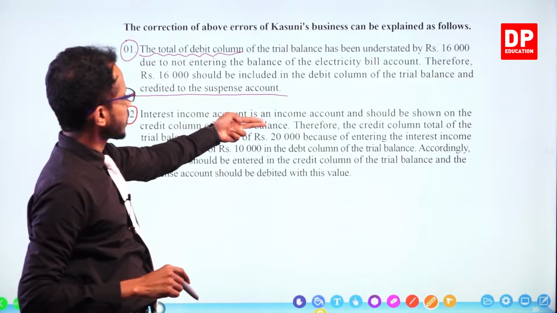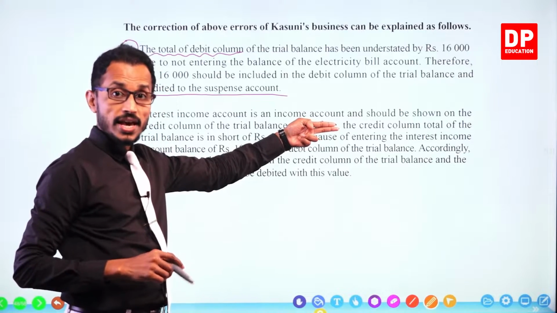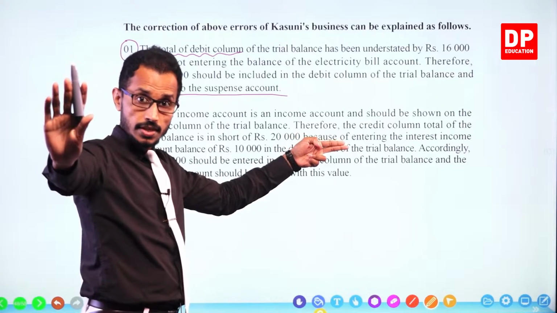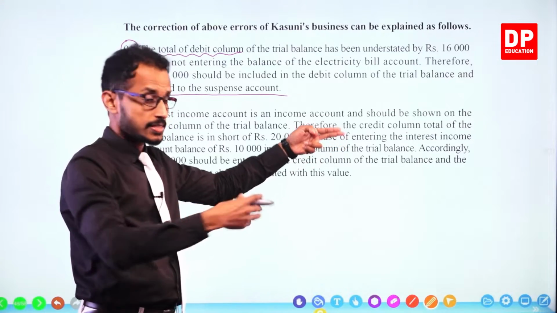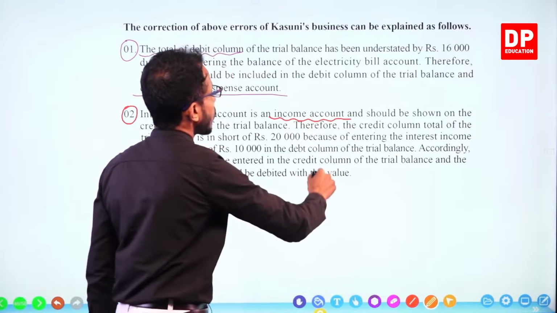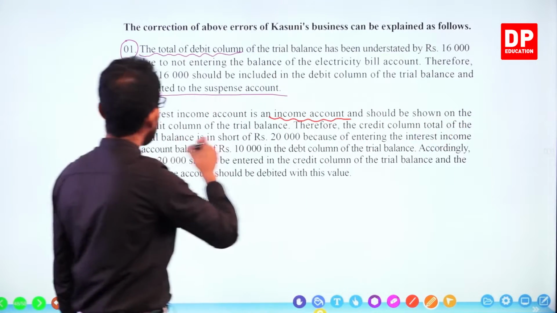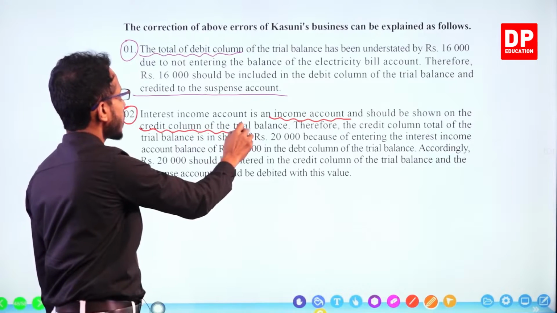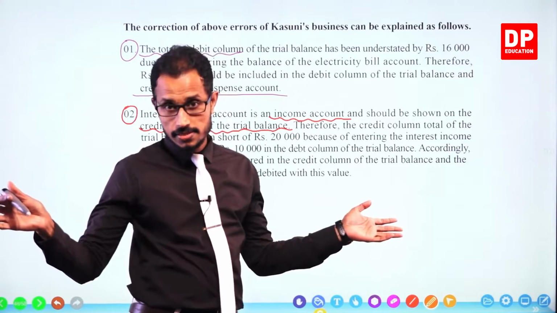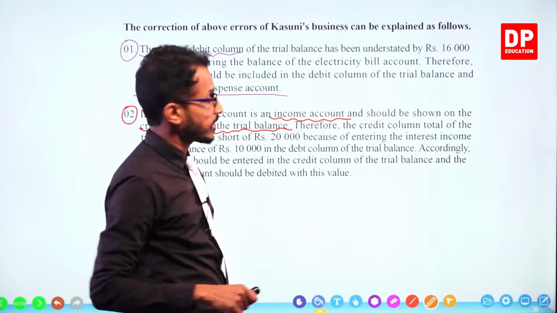Interest income account is an income account, and should be shown on the credit column, credit side. Yes, I have told you that.